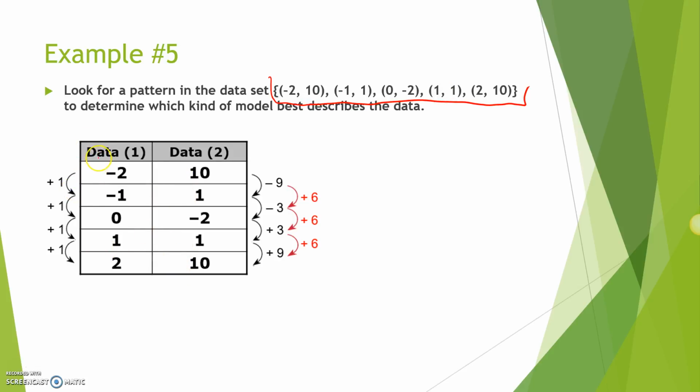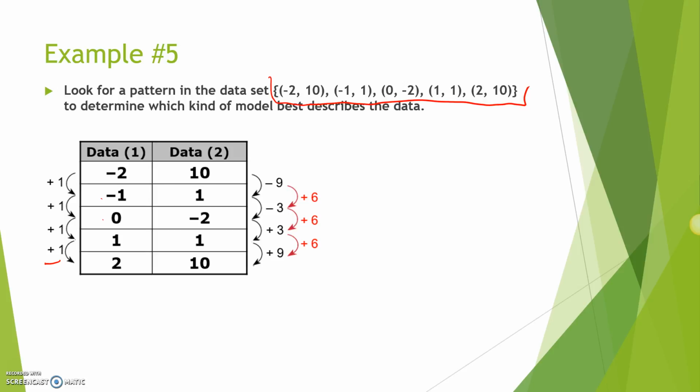So notice we have our X values, -2, -1, 0, 1, and 2. And then my data is representing my Y's, 10, 1, -2, 1, and 10. So we'll see if there's a constant within my X values, which there is. We're adding 1. Then we're going to look and see what kind of pattern is taking place with my Y values.